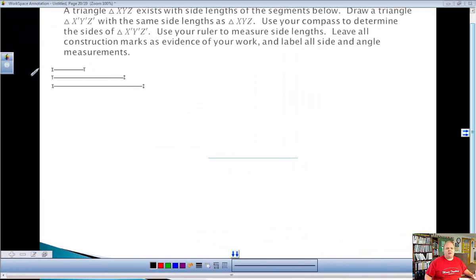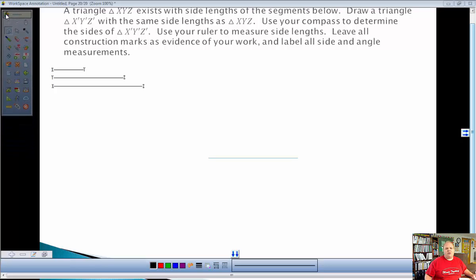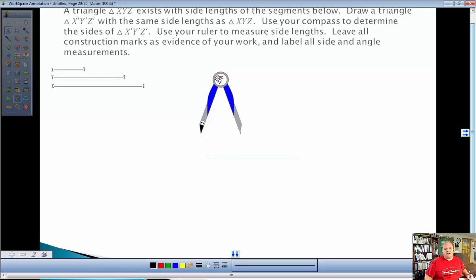Okay, this first problem is just going to serve as a review for how we can use a compass to help us out with this problem. First off, I want to make a triangle, and I've just given you the sides, and basically all we're doing is drawing the same triangle, just in a different condition, because I just gave you the sides.